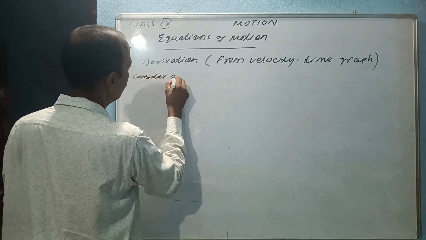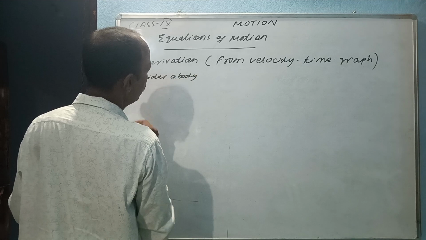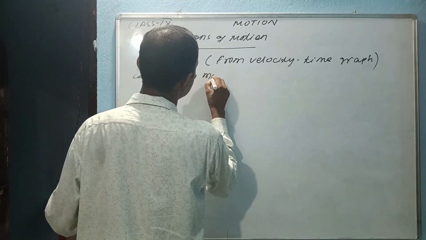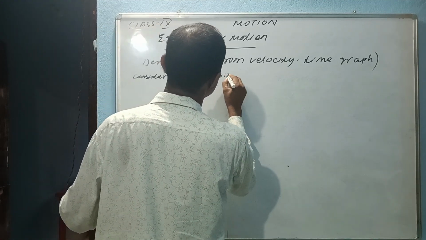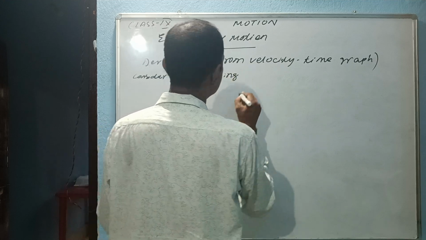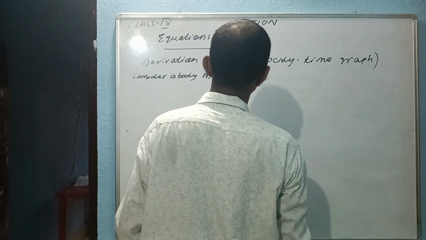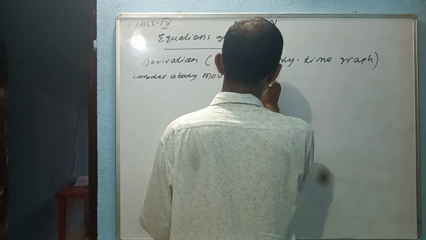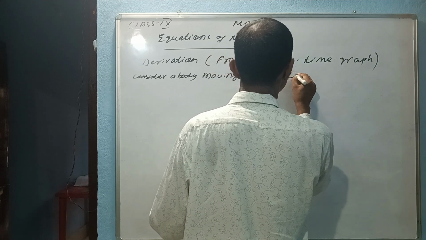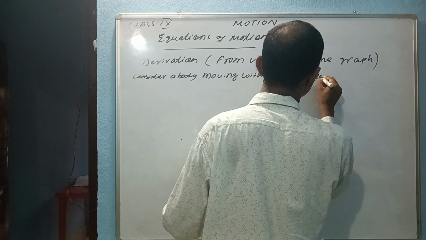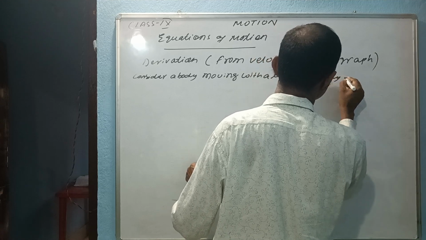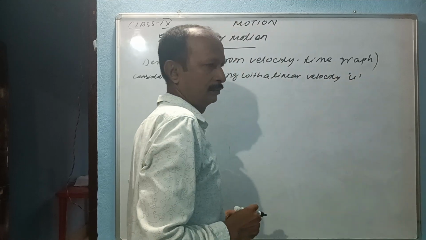So, consider a body moving with a linear velocity, means moving in a straight line.